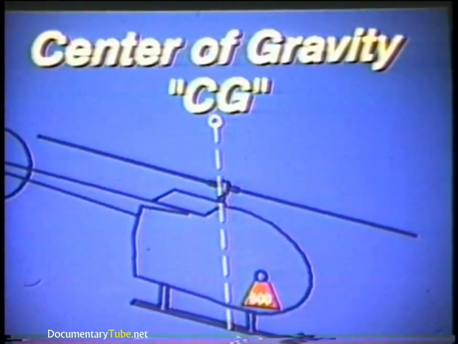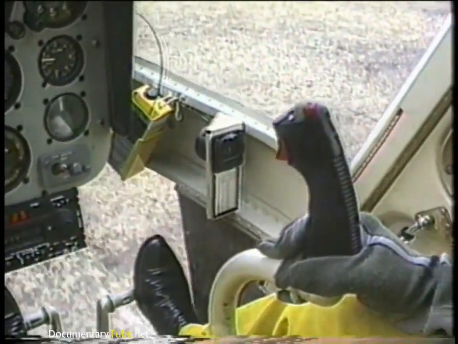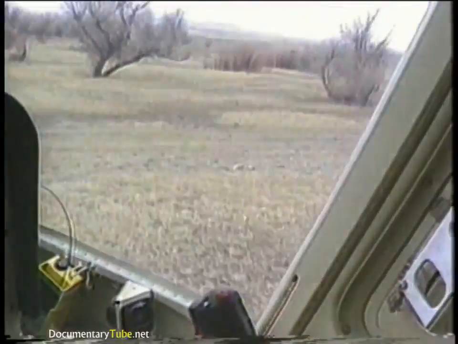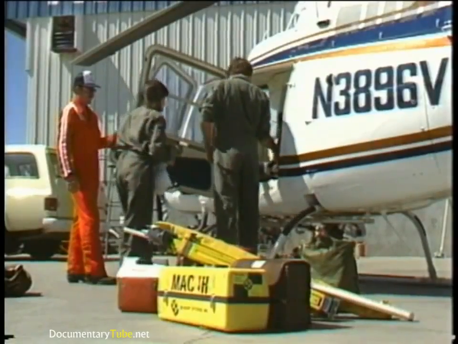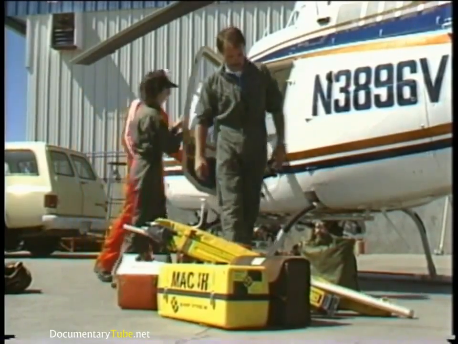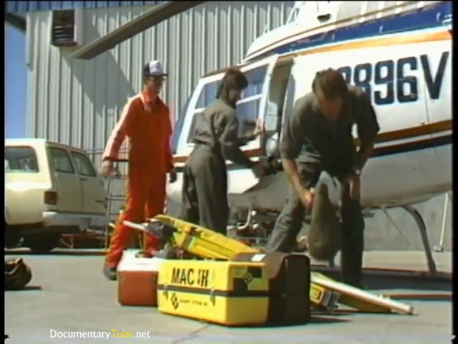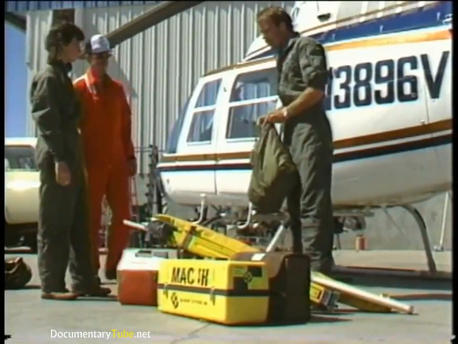If the CG is too far forward, then the nose tilts down. In either case, control movements are difficult and maneuverability is decreased, not desirable if an emergency should occur. The same is true for lateral CG, or side-to-side loading. Try to keep all weight evenly distributed. If in doubt, ask the pilot where to sit or place and secure all cargo.